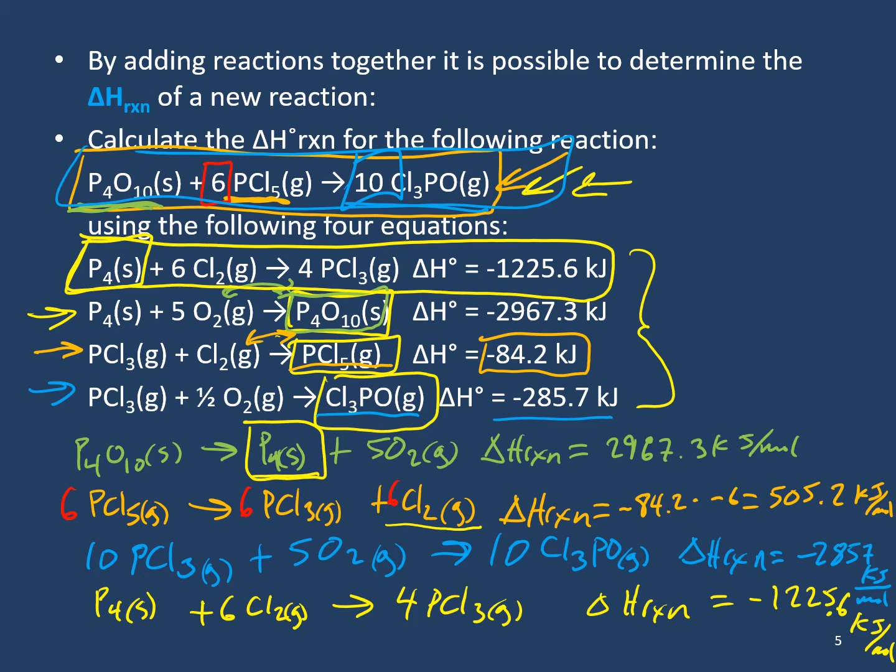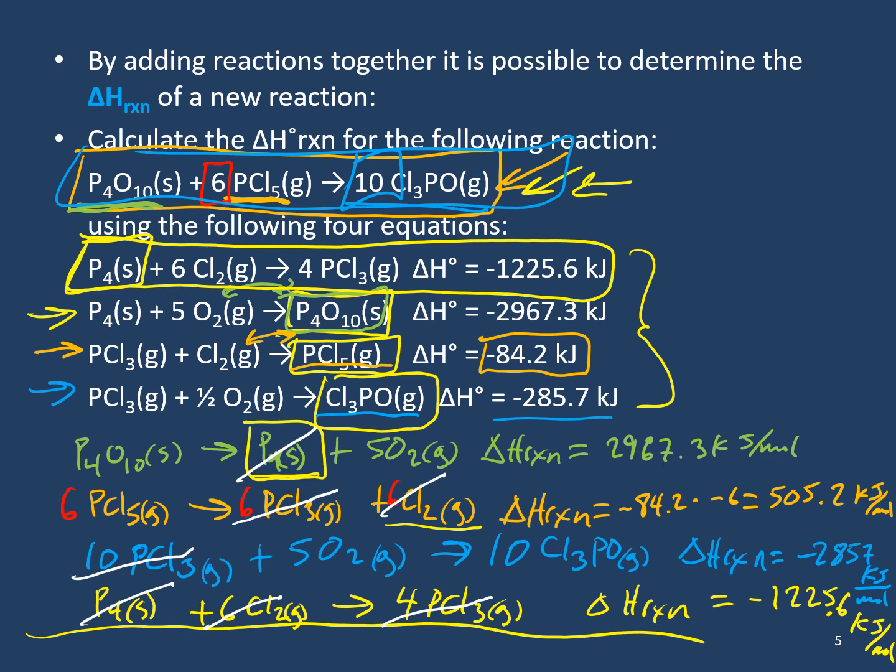All right, so let's look at what happens when we add these reactions together. If I add these together, I notice the P4s, they're going to cancel. I notice the 6Cl2s, they cancel because, again, everything on opposite sides of the reaction arrow is going to cancel out with each other. I have these 4PCl3s here, and they're with these 6PCl3s going to cancel with these 10 PCl3s because 4 plus 6 is 10.